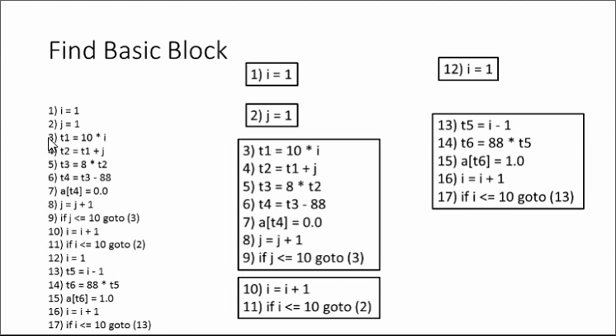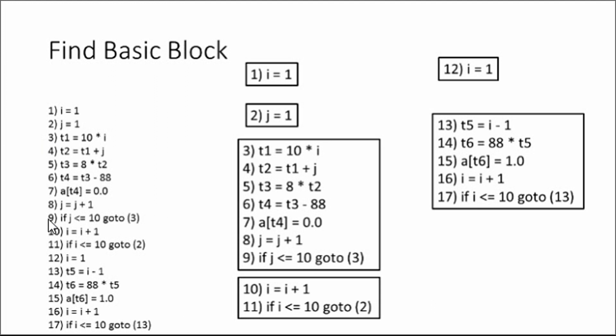Also, any instruction that immediately follows the conditional or unconditional jump is also the leader. So due to this, line number 10 goes to the next block. That's why i is equal to 1 becomes one leader. Then j is equal to 1 becomes your next block. Then the third block starts with statement number 3 to statement number 9.